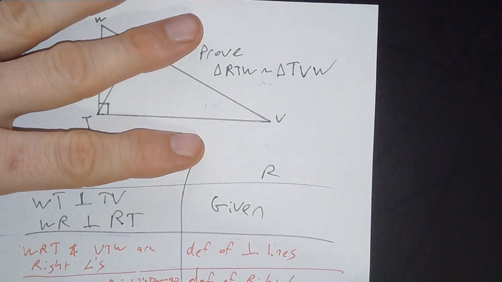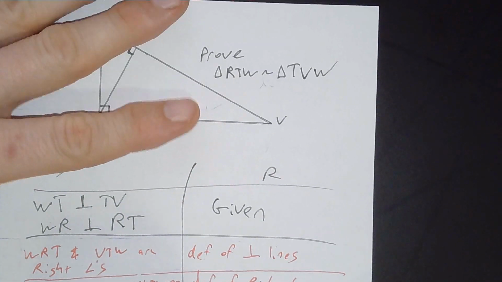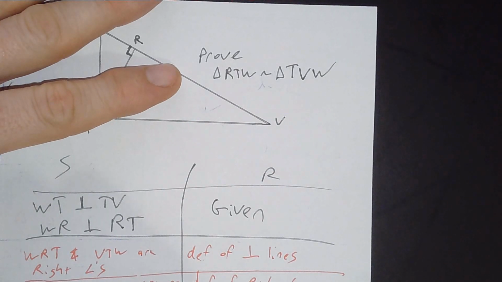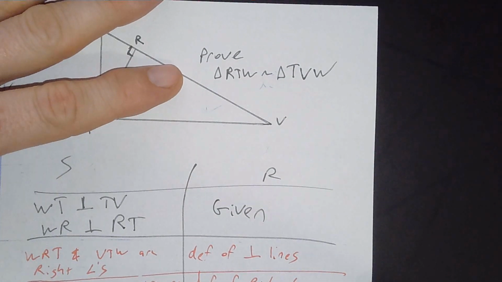So you can then say that the measure of WRT equals the measure of VTW. That's the substitution property.